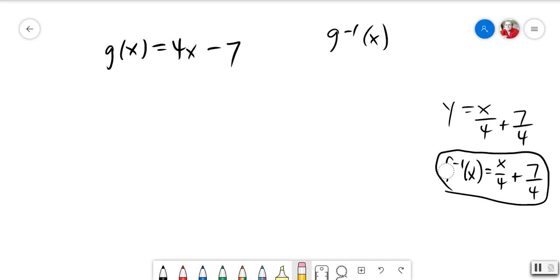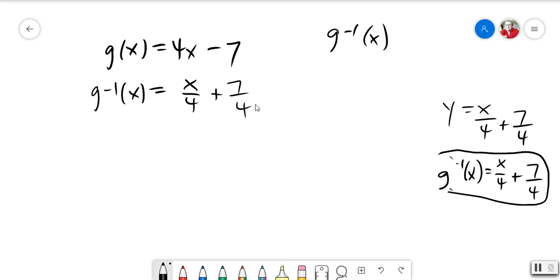So let's rewrite this as g, inverse g. So we've got g of x equals 4x minus 7, and inverse g of x equals x over 4 plus 7 over 4.